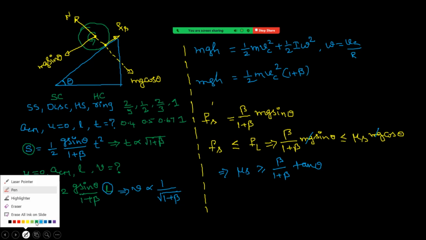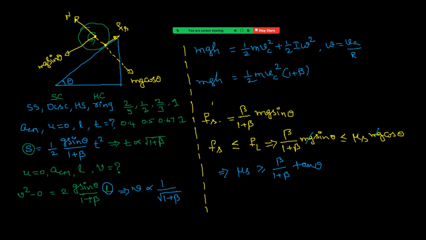Now see carefully. From this, what can we conclude? For all, mgh is the same if all have the same mass. M gets cancelled. What is left?